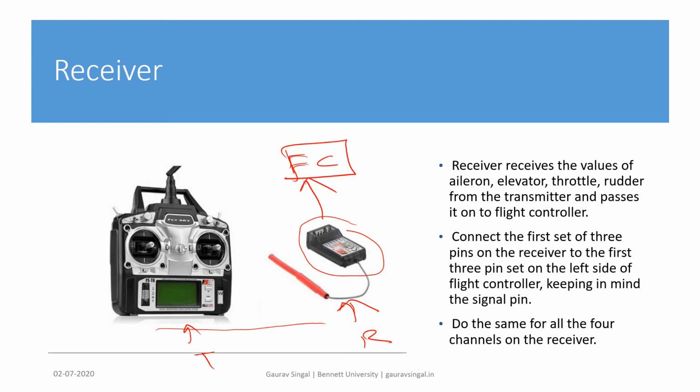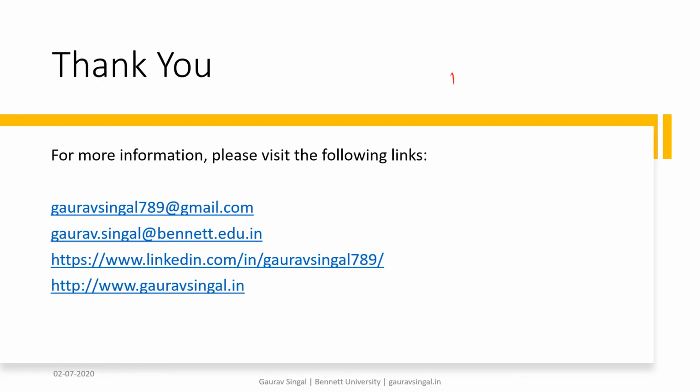So you can see the process. The transmitter will send to the receiver through the wireless medium, and then the receiver will send the data to the flight controller. After the flight controller processes it, it will send it to the ESC. After the ESC, it will send it to the motors.